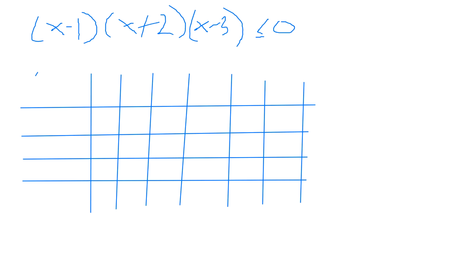Okay, so we are going to start from negative infinity. You see that our factors are 1, negative 2, and 3. Do you agree with the factors? Okay, so we start with the smallest one, negative infinity to negative 2. We always start from the smallest to the biggest.